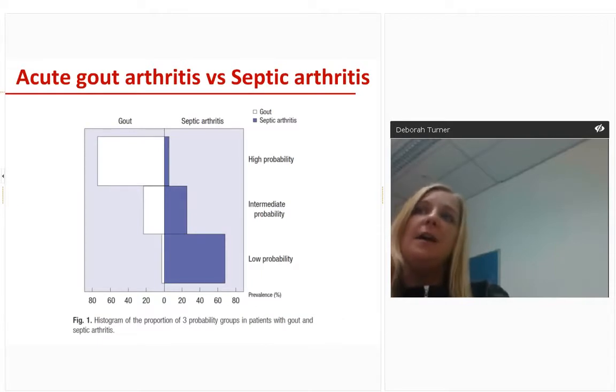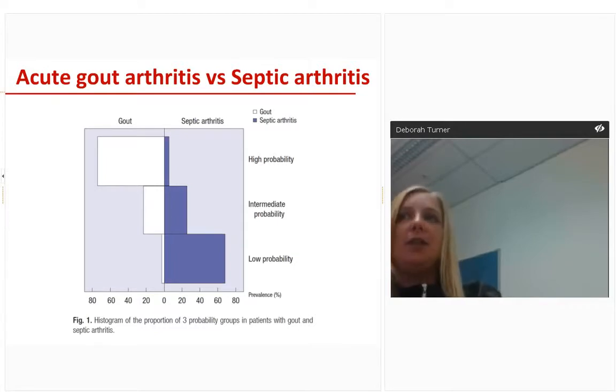If it suggests a low probability of gout, then there's potentially a high probability that it is a septic arthritis. Whereas if there is an intermediate probability, then the clinical management needs to be septic until proven otherwise.